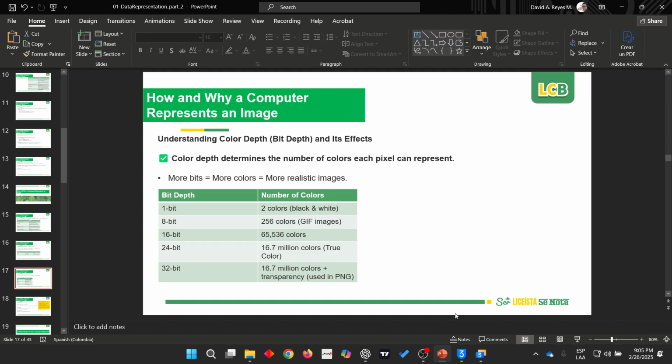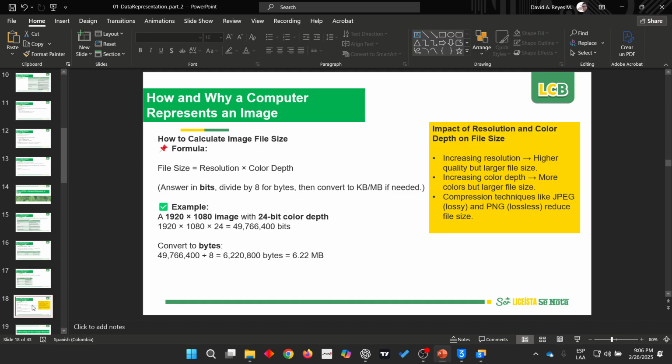Let's suppose that you take a picture and you want to delete your background. That is transparency. Now, the formula to calculate the file size of an image is just the resolution multiplied by the color depth.